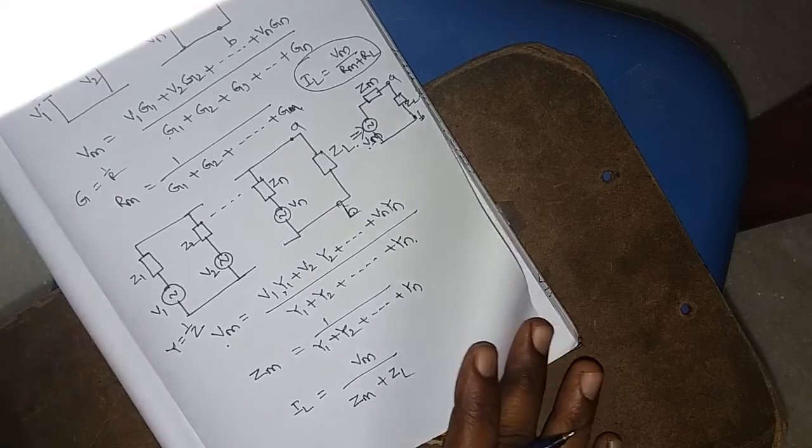Okay, now let us solve one problem. Our problem is to verify Millman's theorem for the network. The network is like this, as shown in the figure.